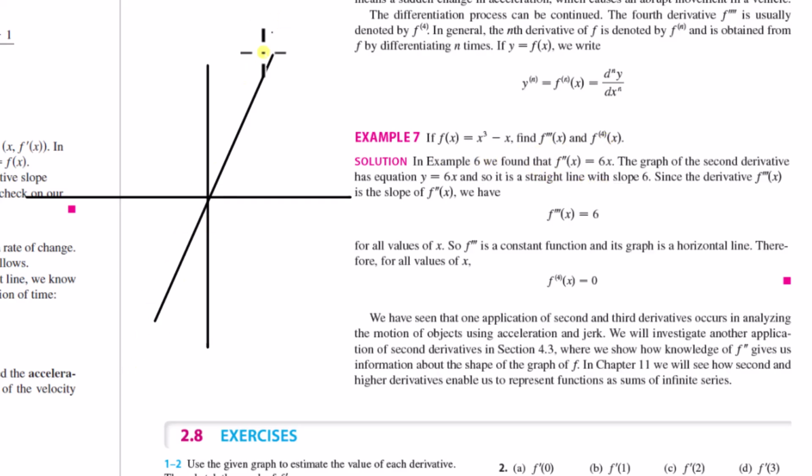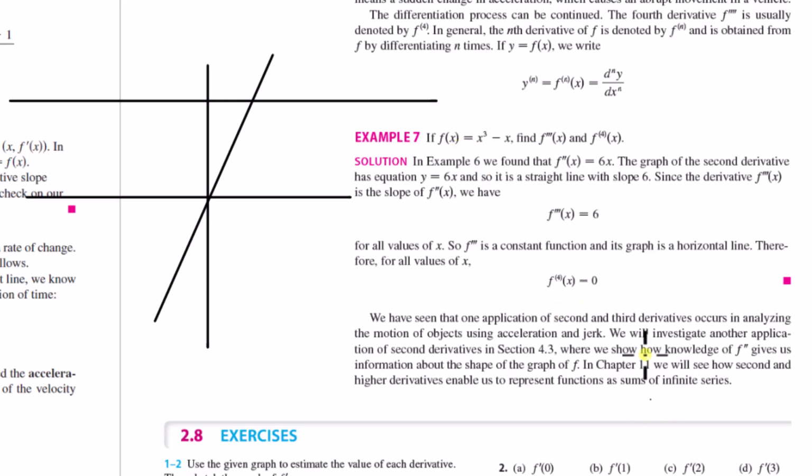Well, what's the slope of this line? The slope of the tangent line to this curve is going to be the exact same slope everywhere. It's 6. So f triple prime of x is 6, the horizontal line y is equal to 6. Okay, what's the derivative of f triple prime? Well, it's 0. The slope of the tangent line to a horizontal line is 0 everywhere. So the fourth derivative of x cubed minus x is 0.